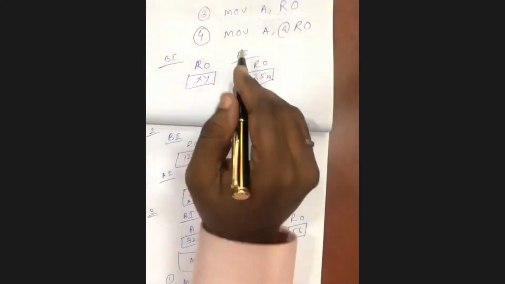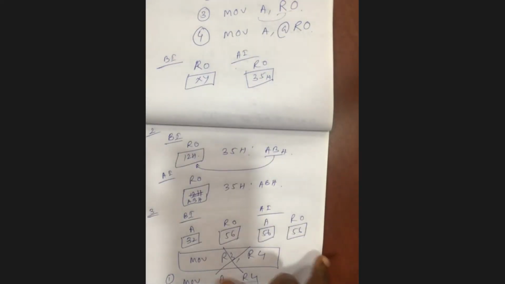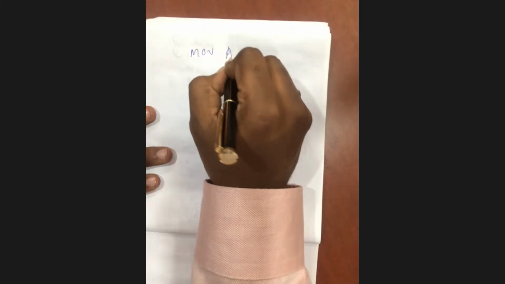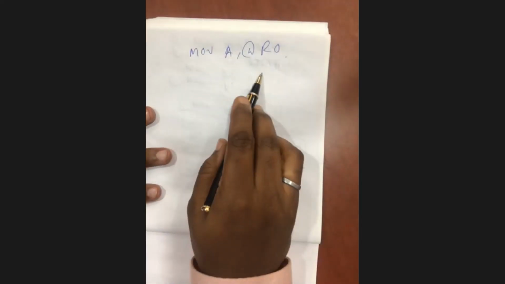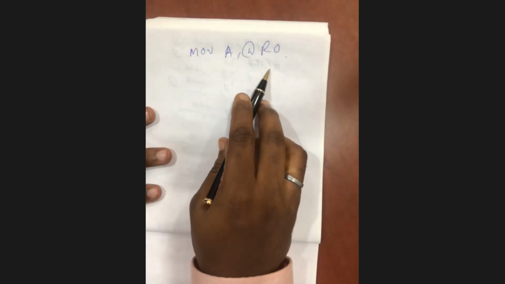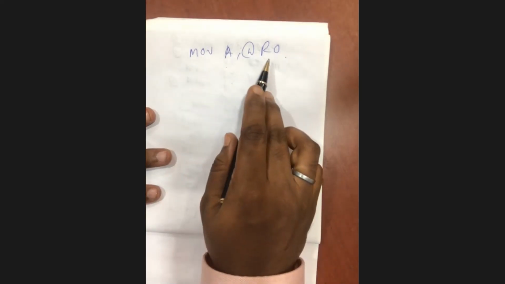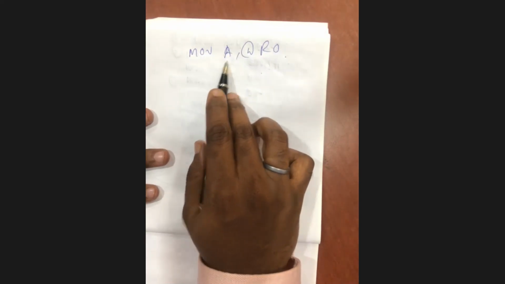Next, very interesting, number 4. MOV A, @R0. Here the content of R0 acts as the address, and the content of that particular address will be copied into the accumulator.